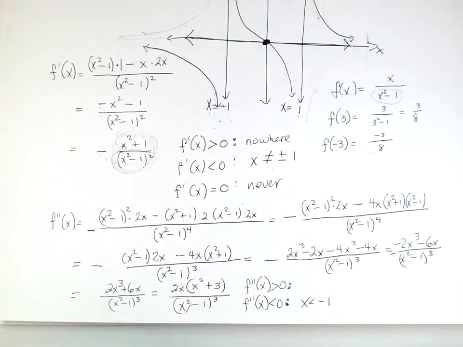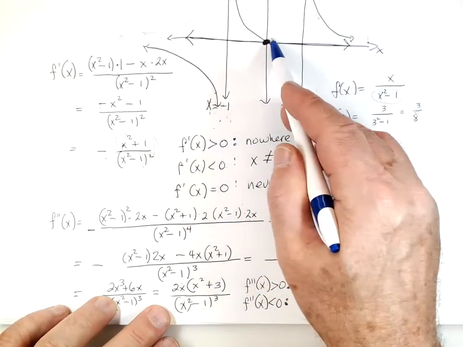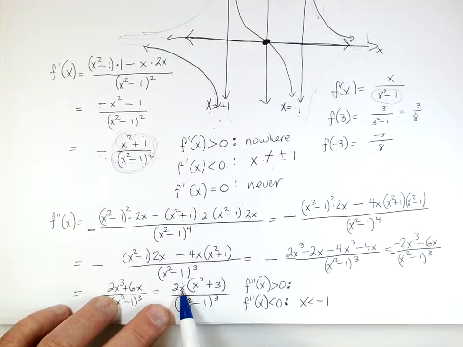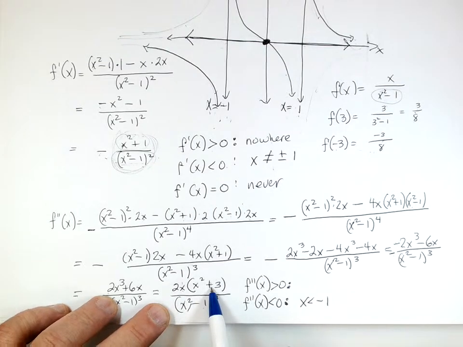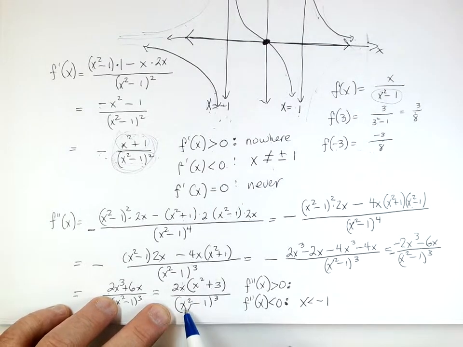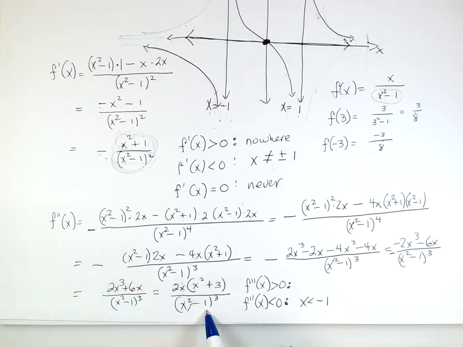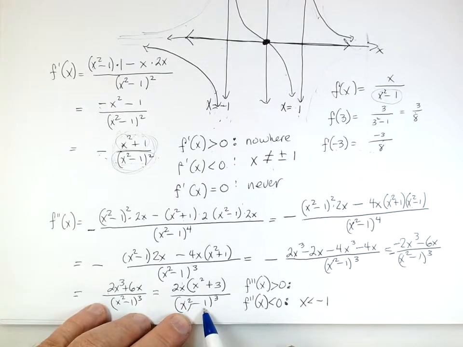Let's take a look at the x's between -1 and 0. Between -1 and 0, x is negative, x squared plus 3 is positive, x squared minus 1 is going to be negative, because when you square a number between 0 and -1, you get a number less than 1. Subtract 1, this will be negative, cubed is negative.